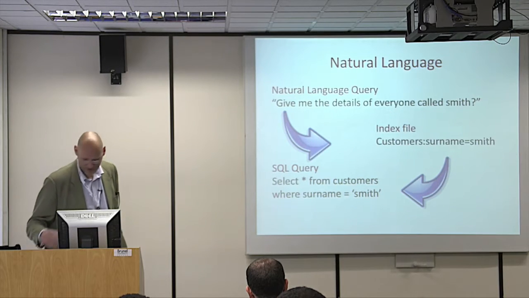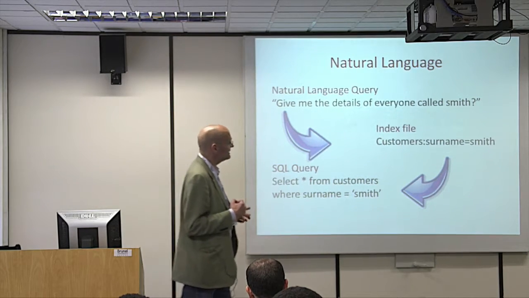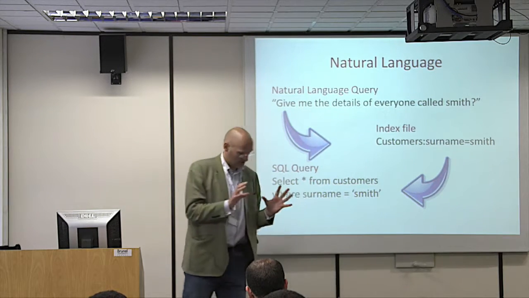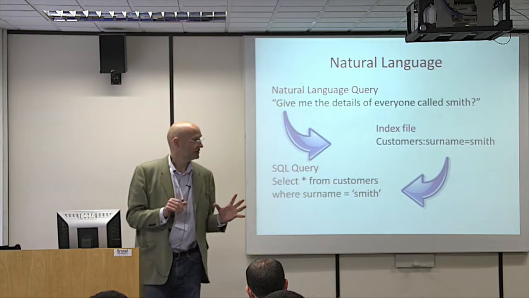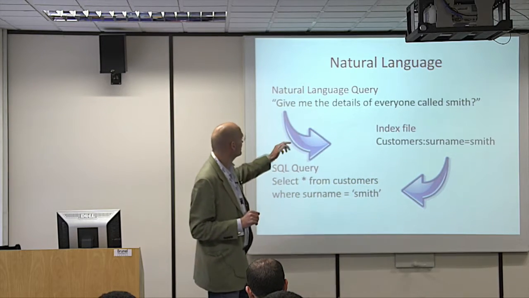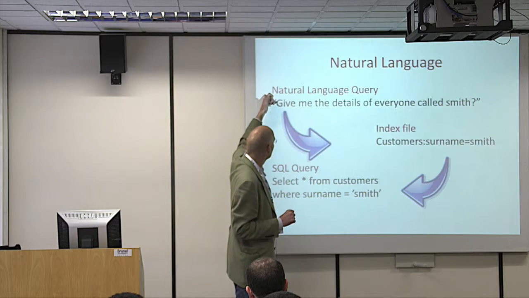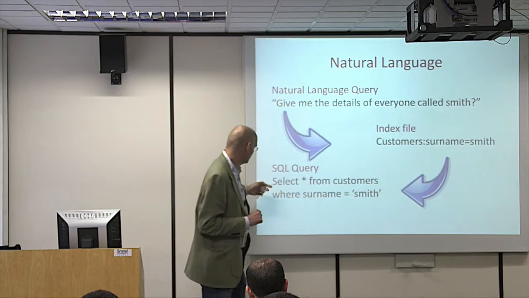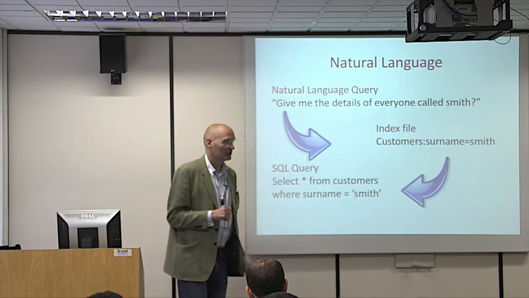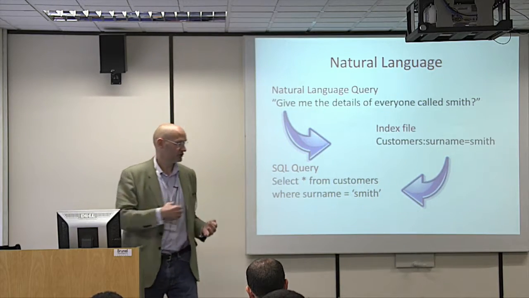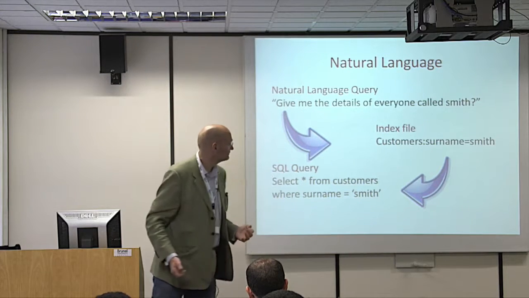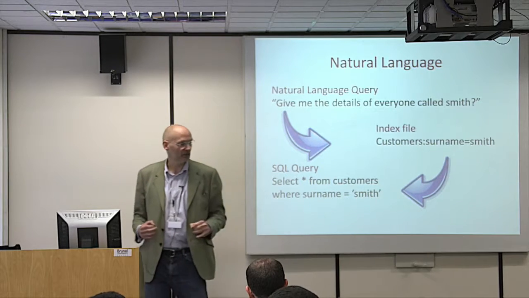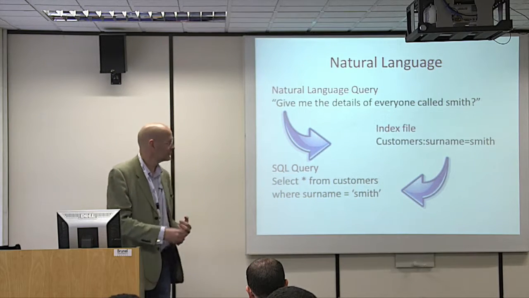Now, the way Google do it is they, in effect, create a series of templates. Using a series of templates, they take the natural language query and map that to an SQL query that can then be used to retrieve the information back to you. I'm saying, no, I don't want to do that. I want to use an index file. So I'm taking a slightly different approach.